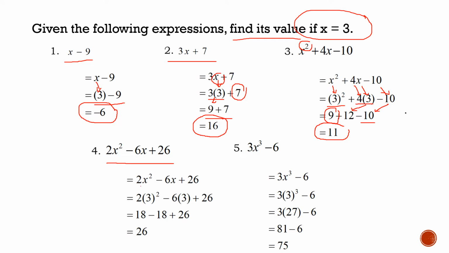So we copy your numerical coefficient under your x squared. So we replace x by 3, so that's why it's 3 squared. Minus 6, so we copy your numerical coefficient from your second term. Then we replace x by 3. That's why it's 6 minus 3 plus 26.